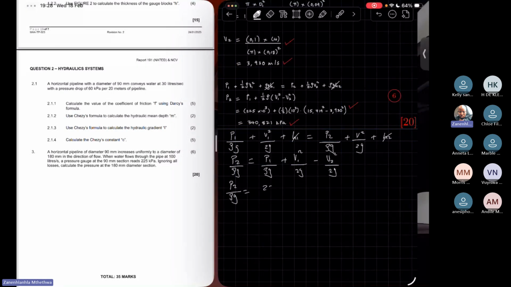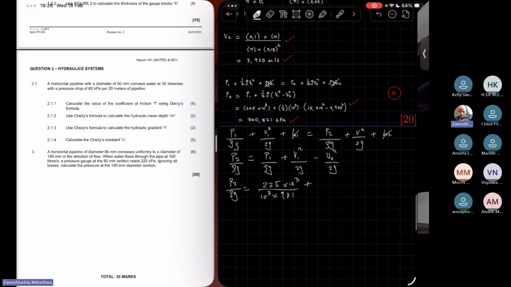So then if you substitute, you get 225 times 10 to the 3 over rho g, so that's 1,000 times 9.81, plus V1. What did you get for your V1? 15.72, squared, divided by 2 times 9.81.